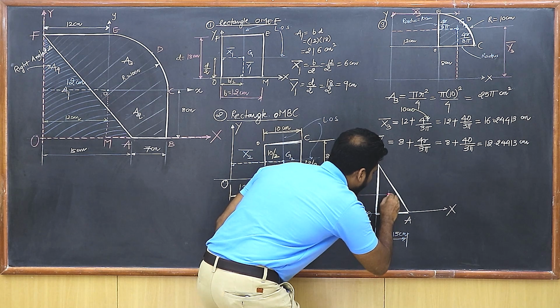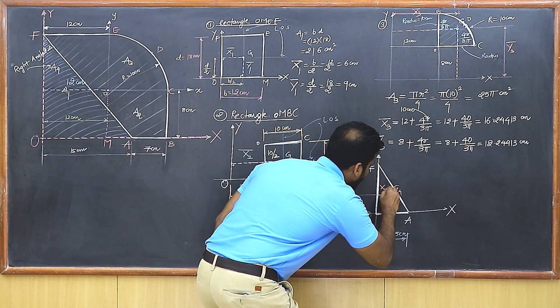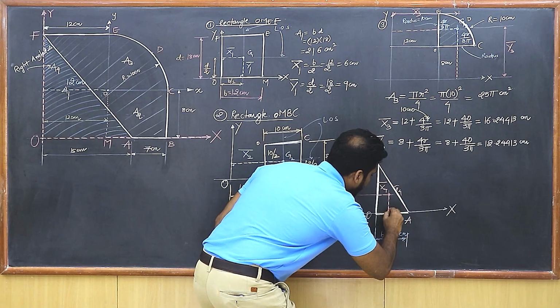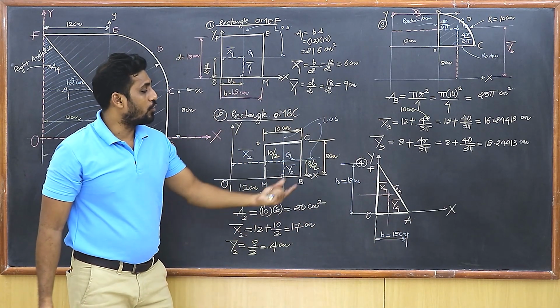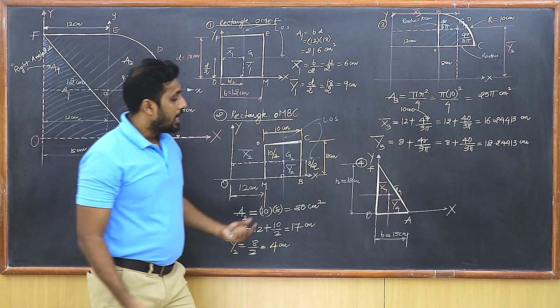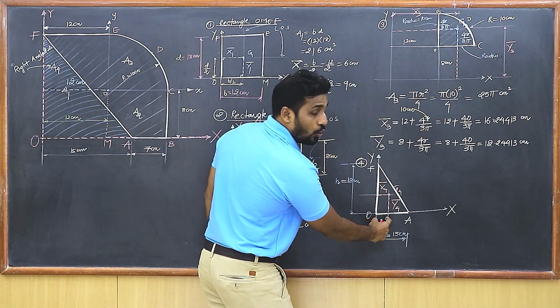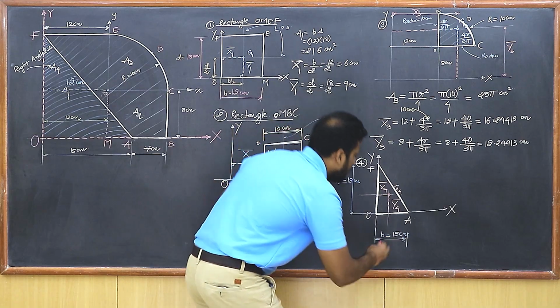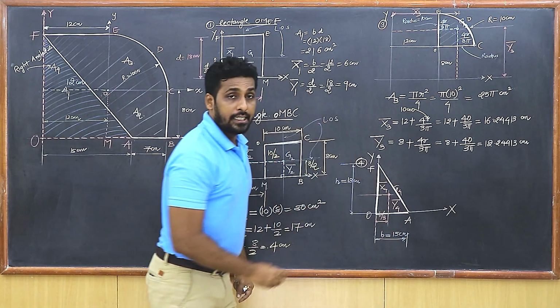So this is the centroid, say G4, and the horizontal distance is going to be x4 bar. The vertical distance is going to be y4 bar. It is directly the distances from the x and y axis, isn't it? Now, you know that this x4 bar is equal to 1/3 distance of B, because this distance was B upon 3, isn't it?